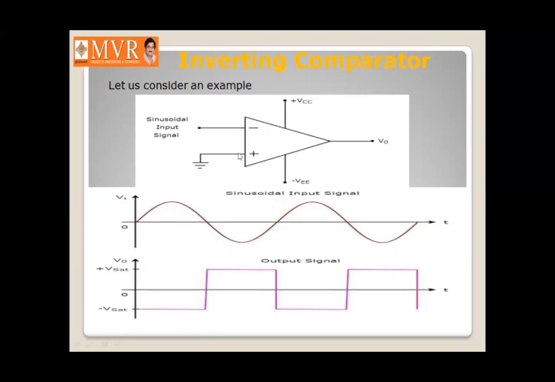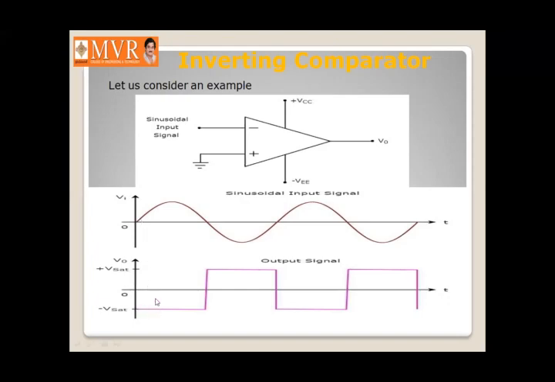As the non-inverting terminal is grounded, we can say that the reference voltage is nothing but 0 volts. That means whenever the input signal is greater than 0 volts, as we have discussed now, the op amp output is going to stay at minus Vsat.